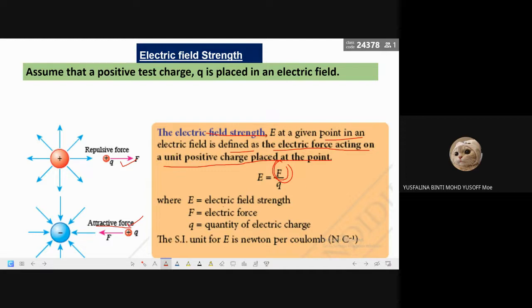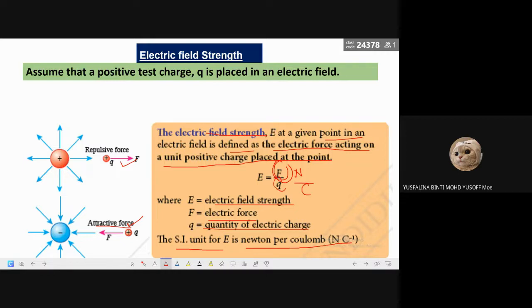So what is E actually? E is the electric field strength, F is the electric force, and Q is the quantity of electric charge. Basically they will give you the amount of Q. The SI unit for E is newton per coulomb, because F is in newtons and Q is in coulombs.